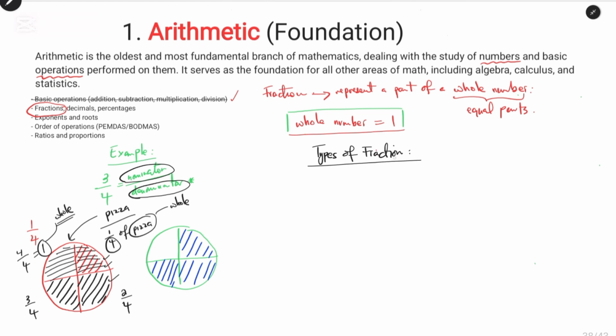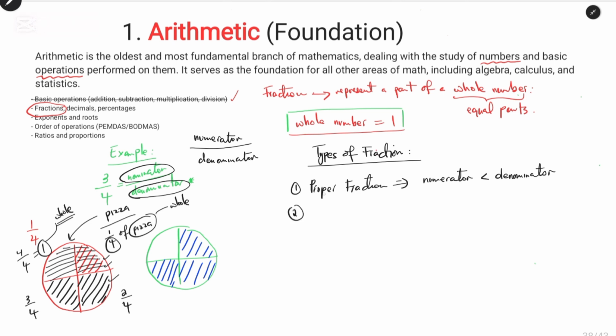The first one is the proper fraction. When we say proper fraction, what does it mean? It means the numerator must be less than the denominator. That means the value of the numerator must be less than the value that is found in the denominator.